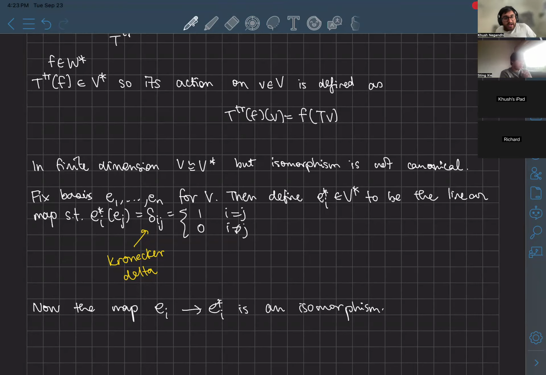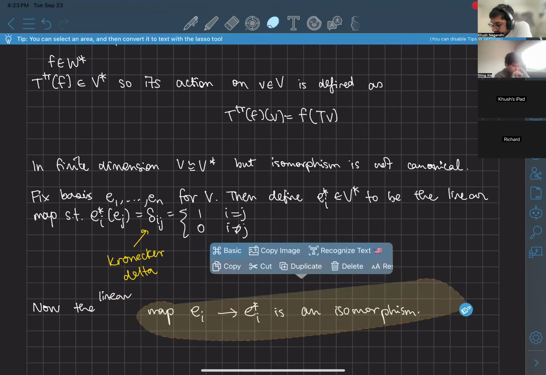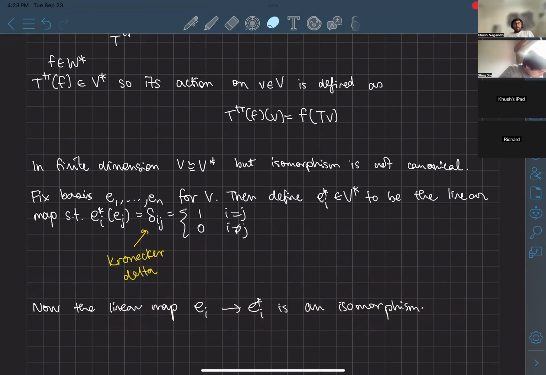And it's surjective because if I take any vector in the dual, I can evaluate on the standard basis, and because I know exactly what my map does on the basis, I know exactly what the map is. So that's sort of the idea.